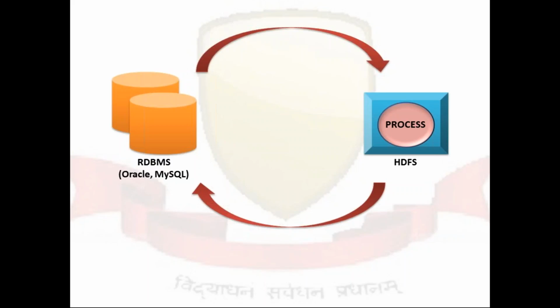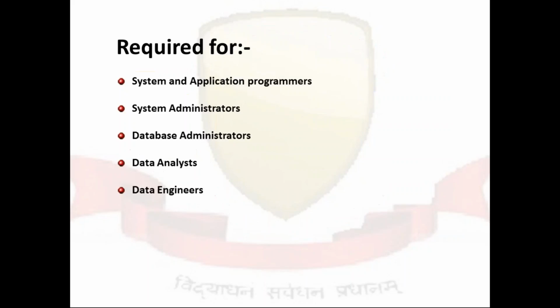Now we need to learn how to get started using Sqoop to move data between databases and Hadoop, and provide reference information for the operation of the Sqoop command line tool. This working exposure of Sqoop is important for people working in system and application programming, who are system administrators, database administrators, data analysts, and data engineers.